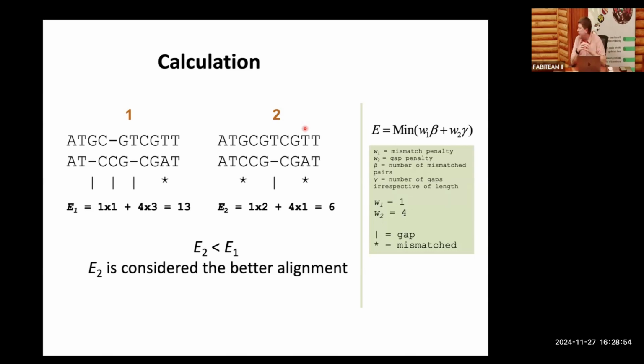You can use an IUPAC code for that. Depending on which software you use, you can tell the program to leave those regions where it's ambiguous as N's, or to make the call using the IUPAC code.